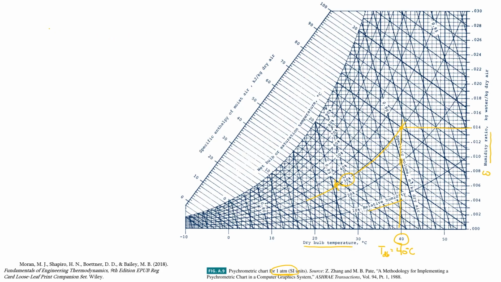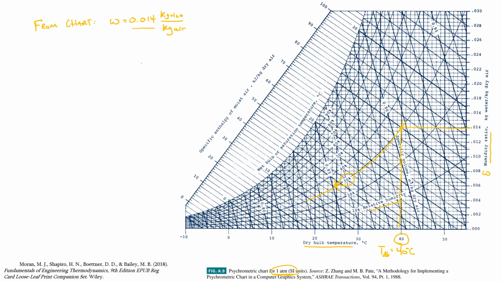So from the chart, I get a humidity ratio of approximately 0.014, and that is in kilograms water per kilograms of air.